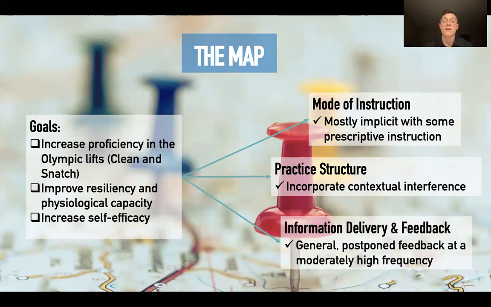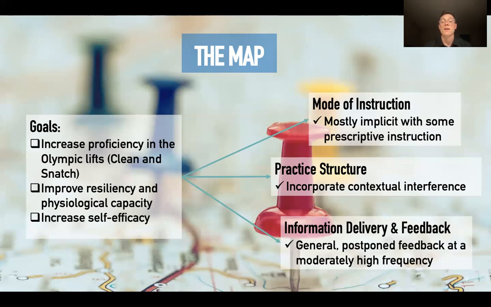We're also going to give Danny a little bit of time after each rep to process what just happened, and even sometimes prompt him and ask him what happened, what he thinks happened, what he thinks he could do better. So we're going to postpone the feedback that we give Danny a little bit, because we don't want to overwhelm him. We want to give him time to process everything that's going on.